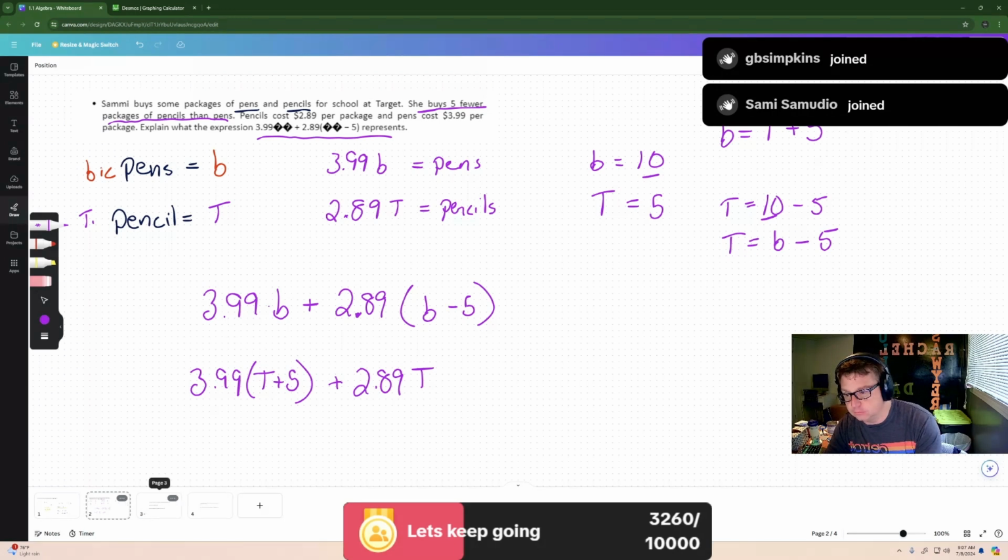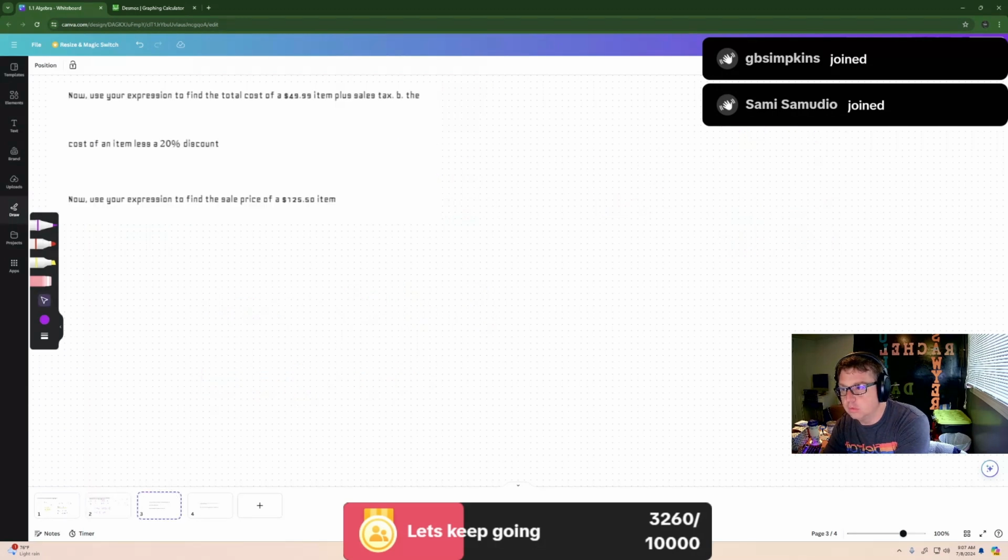All right, let's go on to this one, page 3. Now, use your expression to find the total cost of a $49.99 item plus sales tax. The cost of the item is less a 20% discount.